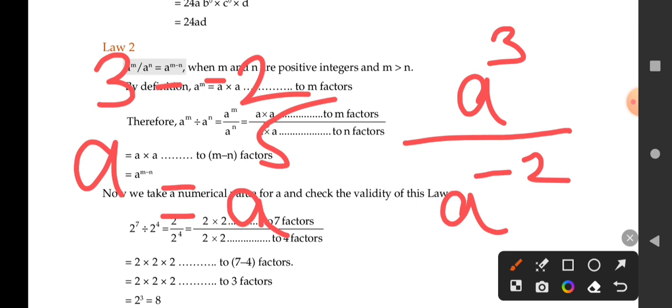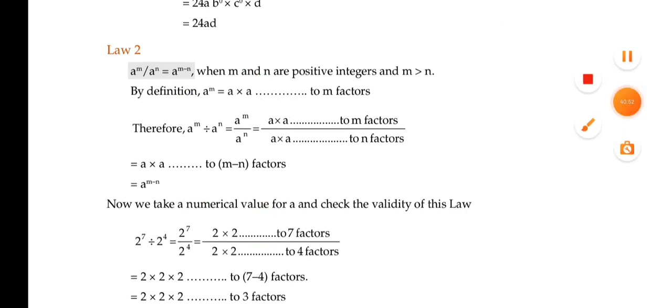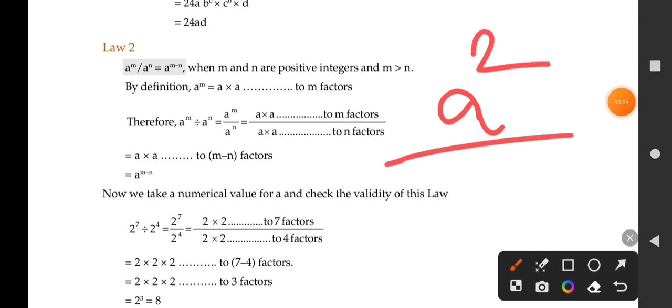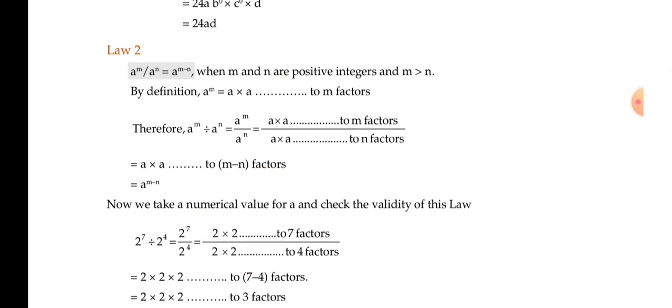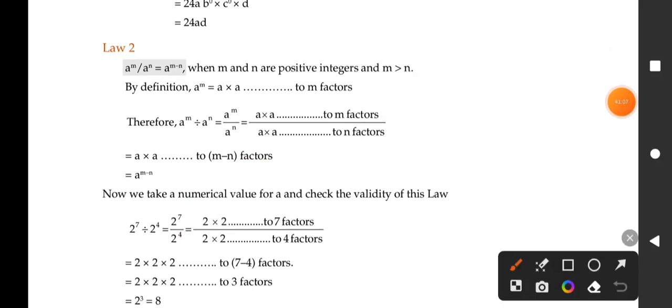What if m is positive and n is negative with different numbers? Again, a power 2 and a power minus 3. What do you get? A power 2 minus minus 3, which is equals to a power 5. Still valid, right? What if m is a negative integer and n is also a negative integer? Both are negatives and m is greater than n.